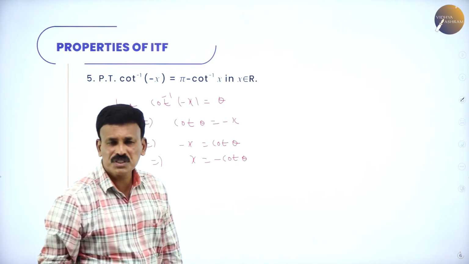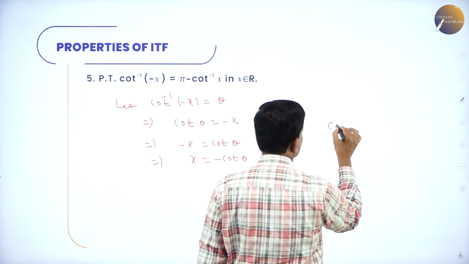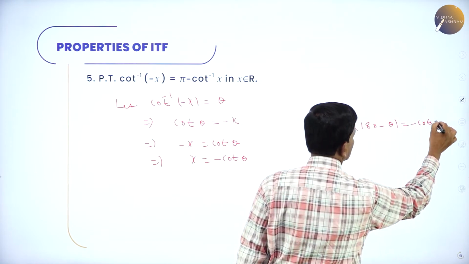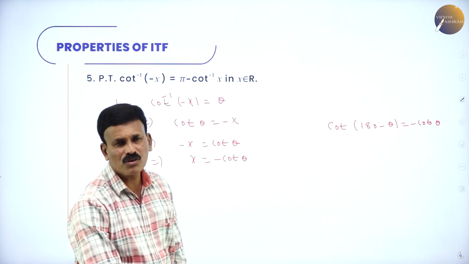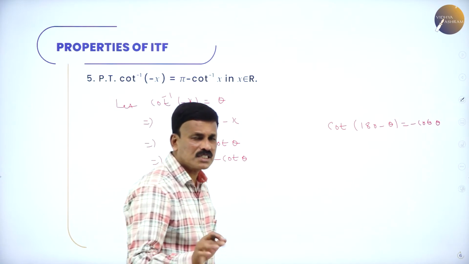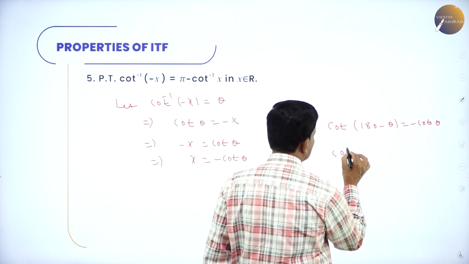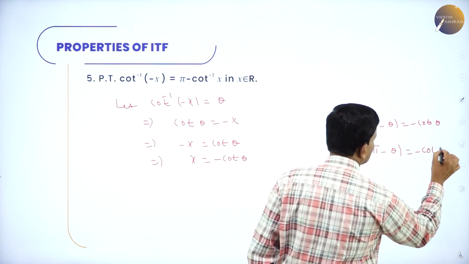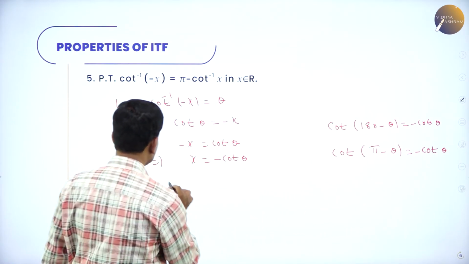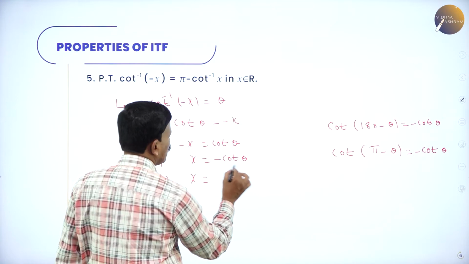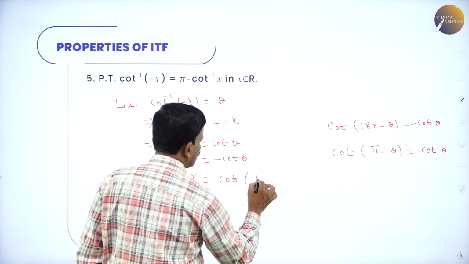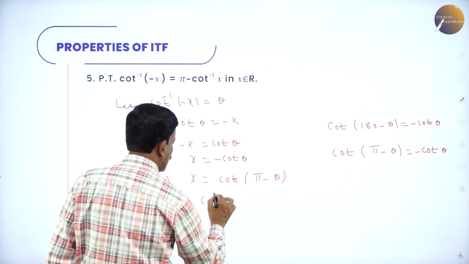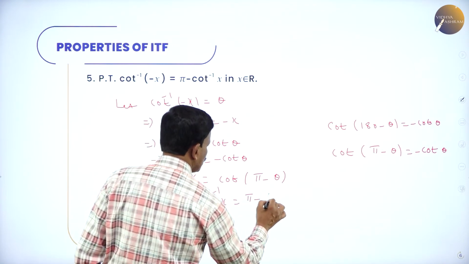We use the allied angles formula: cot of 180 minus theta is equal to minus cot theta, because this comes in the second quadrant. In the second quadrant, only sine is positive, the remaining are all negative. This can also be written as cot of pi minus theta is equal to minus cot theta. Substituting here, x is equal to minus cot theta, which can be written as cot of pi minus theta. Taking the inverse, cot inverse x is equal to pi minus theta.